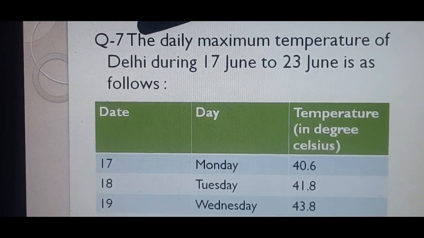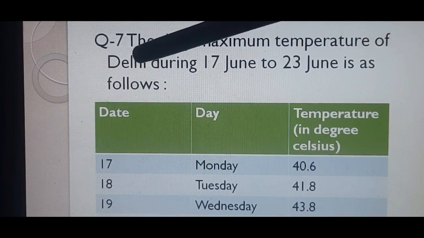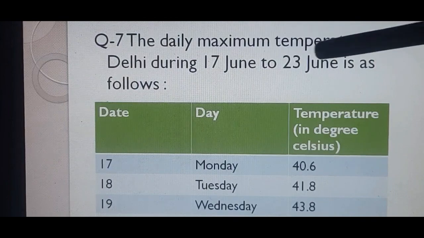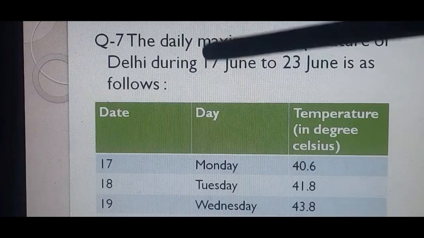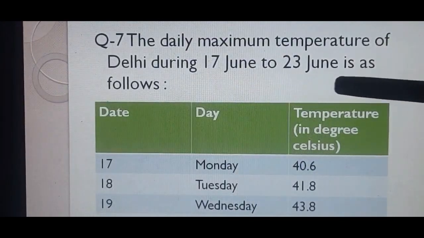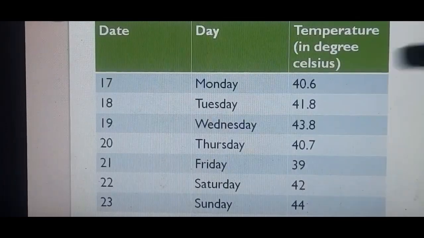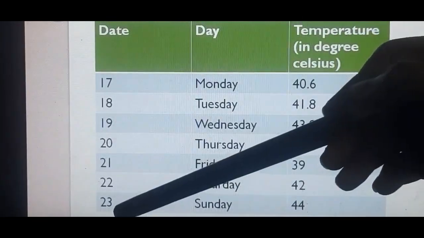Question number 7. The daily maximum temperature of Delhi during 17 June to 23 June is as follows. मैक्सिमम टेम्परेचर दे रखा है हमें 17 जून से 23 जून तक का. See in this table, dates are given 17 to 23.